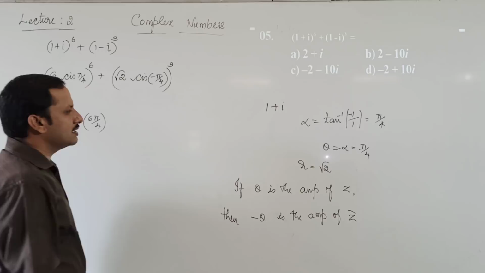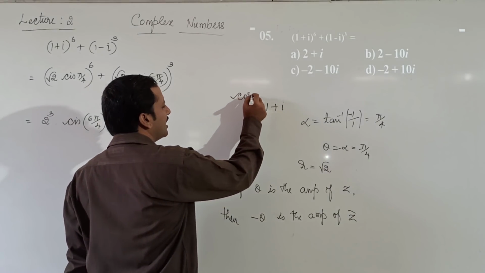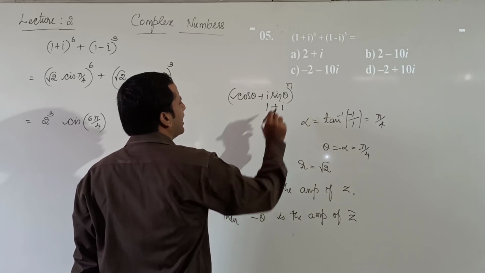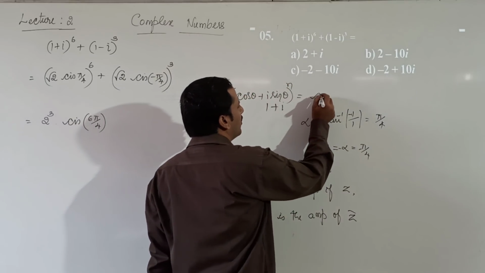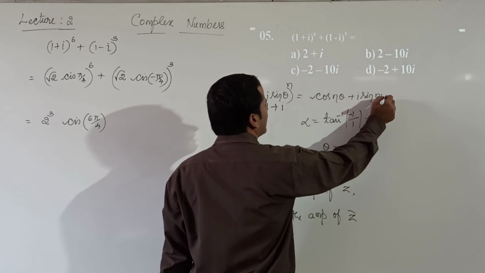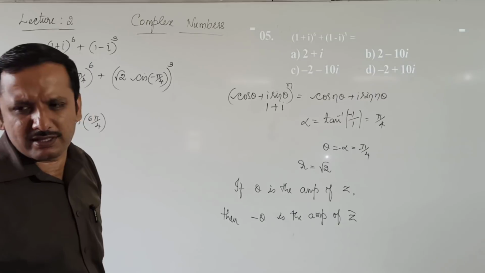How? I am using De Moivre's theorem. What does De Moivre's theorem say? Cos theta plus i sin theta whole power n is equal to cos n theta plus i sin n theta. This is what De Moivre's theorem says.